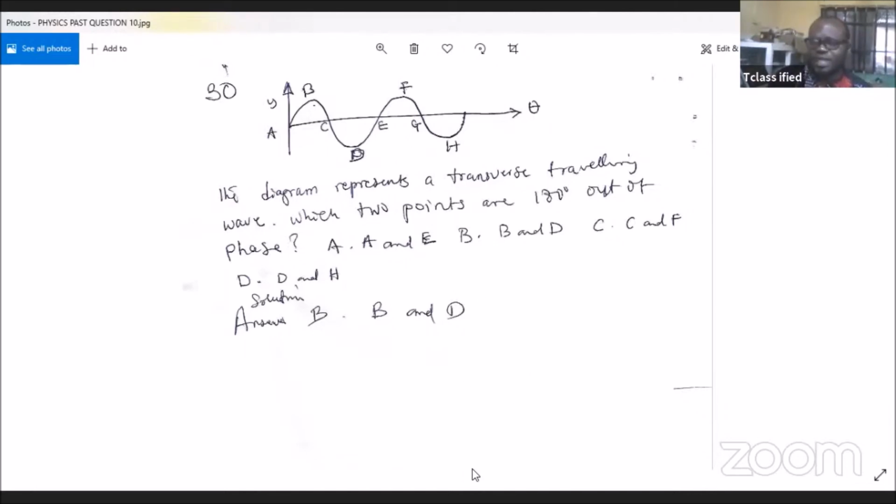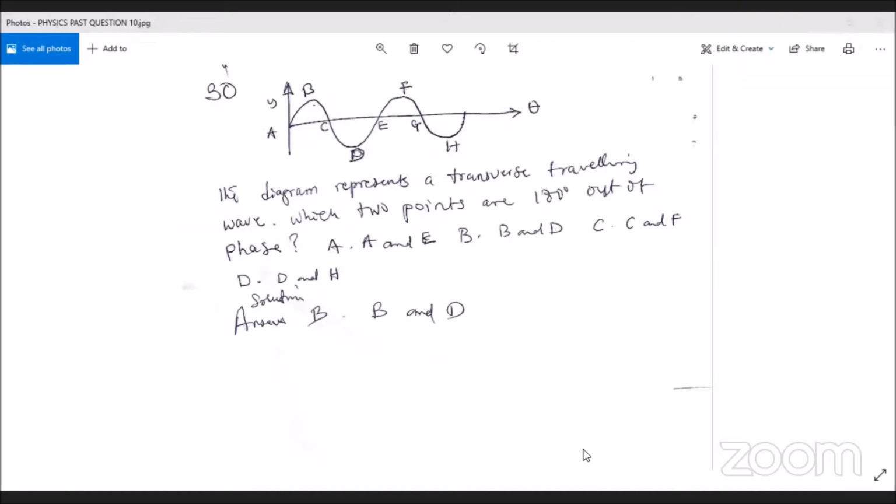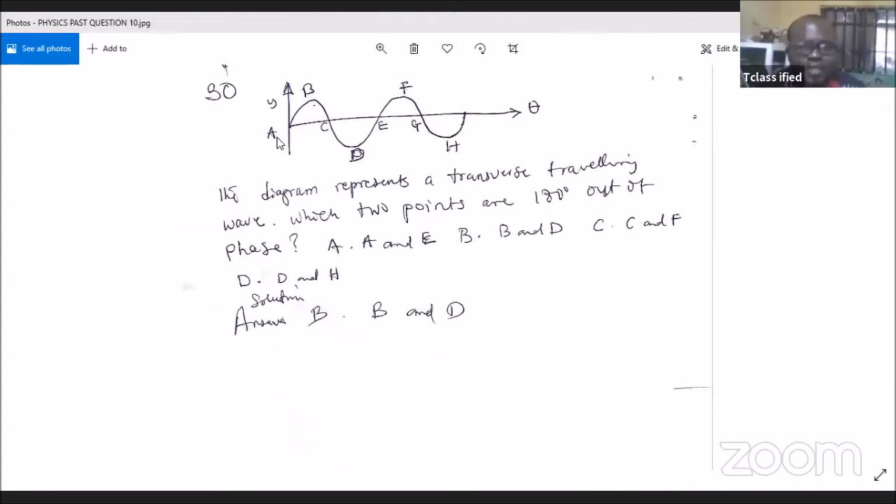Can you relate them to A and E? Yes, I can see it. Okay. So if A and E is the answer, D and H should also be the answer, because you can see that they are on similar places on the sketch.